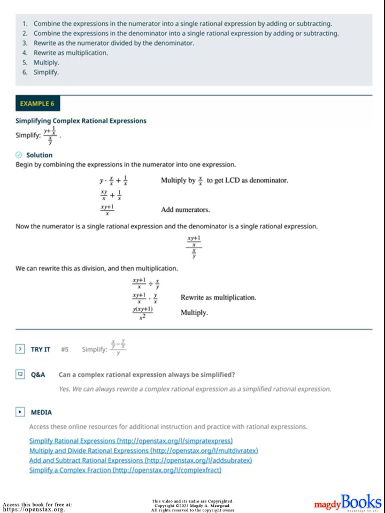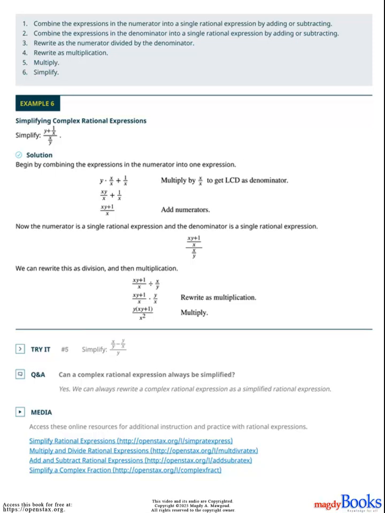Multiply by x over x to get the LCD as denominator. xy over x plus 1 over x. xy plus 1 over x. Add numerators. Now the numerator is a single rational expression and the denominator is a single rational expression.